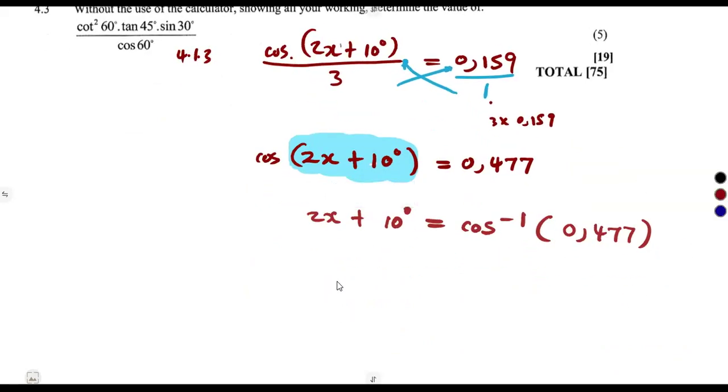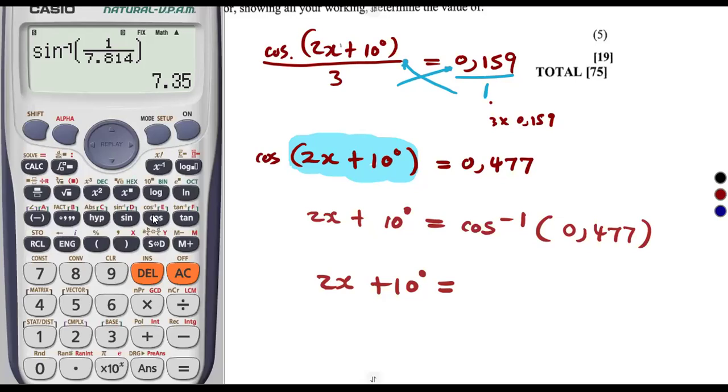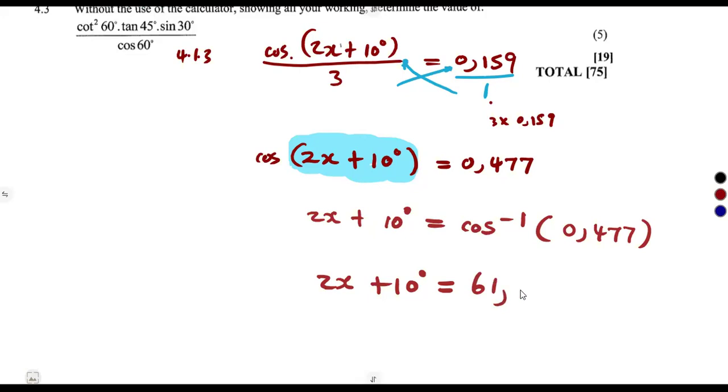So meaning to say we're going to have 2x plus 10 degrees is equal to arc cos of this, which is going to give us, we need our calculator there, shift cos 0.477. So to 2 decimal places, that's 61.51 degrees.